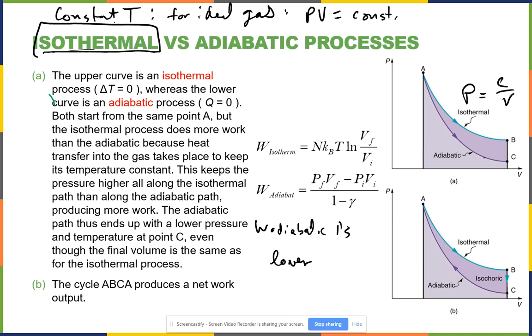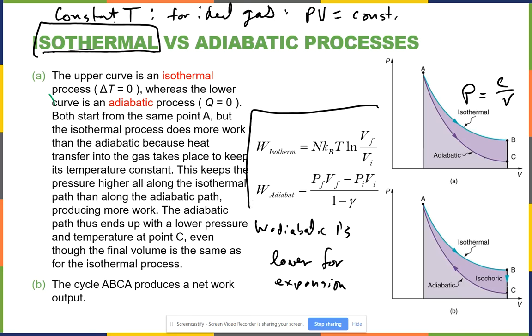That's a W sub adiabatic for expansion. Have to be clear on that. Expansion is positive. If you start at point A and you expand isothermally versus adiabatically, the adiabatic one is going to end up with less work done. That is, it's a lower line. It follows a different relationship. Instead of PV equal to constant, and so you end up with a lower line.